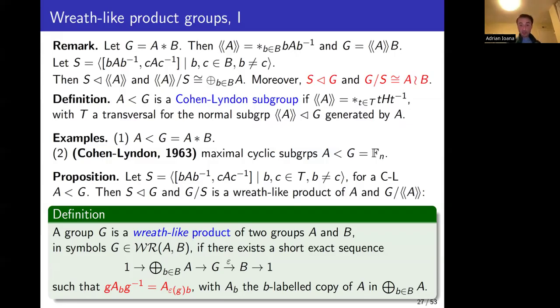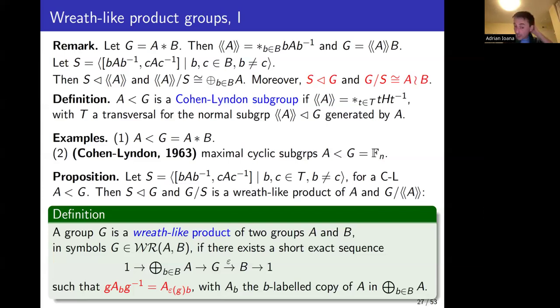So a wreath-like product of A and B is a group that sits in such a short exact sequence in such a way that it has the direct sum of A's indexed by B as a normal subgroup, and the conjugation action permutes the copies of A.